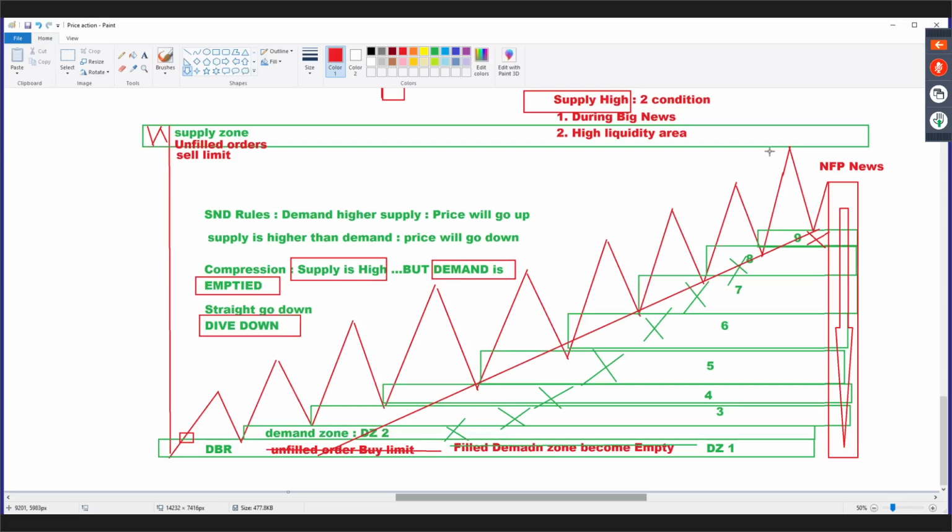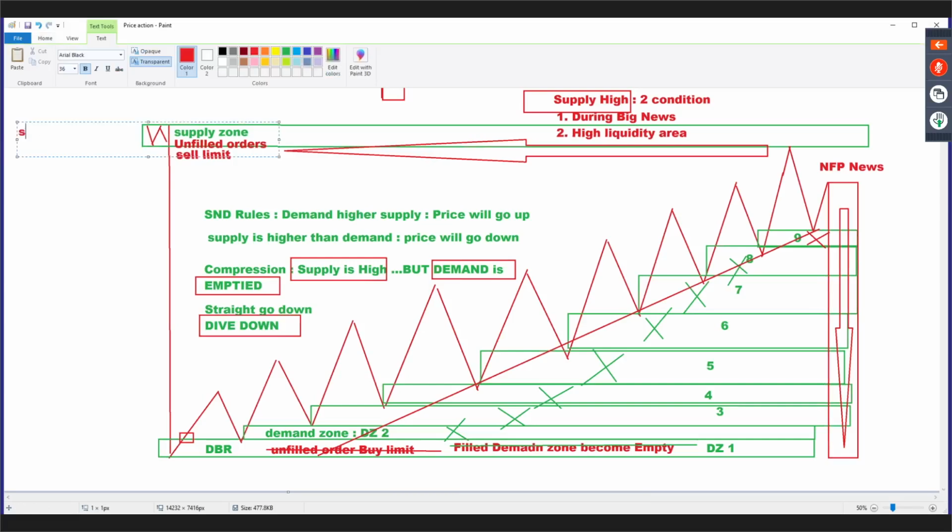For example, this is where we want to take our entry. When the price goes up like this, you have to look to the left. Always look to the left. What do we have over here? Maybe you can find a supply zone.